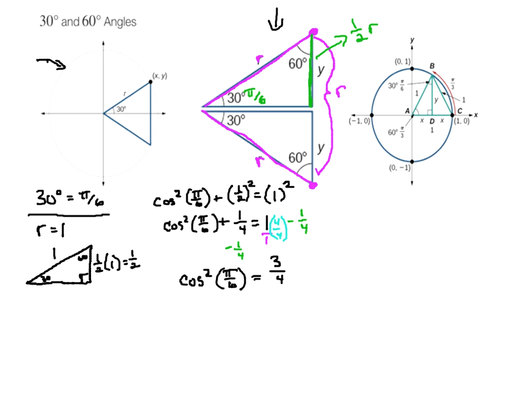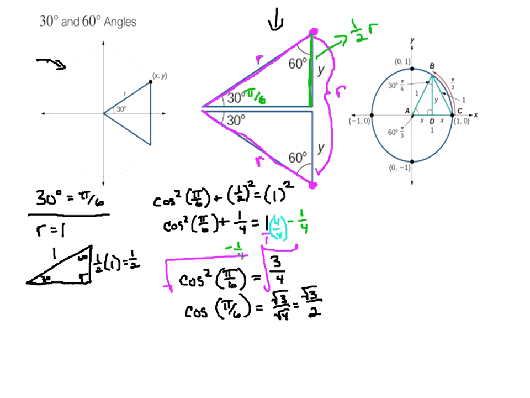I don't want to know what the cosine squared is. I want to know what the cosine is. So I need to take the square root of both sides. So I get the cosine of my 30-degree angle, or pi over 6 radian angle, is equal to the square root of 3 over the square root of 4, which is square root 3 over 2.